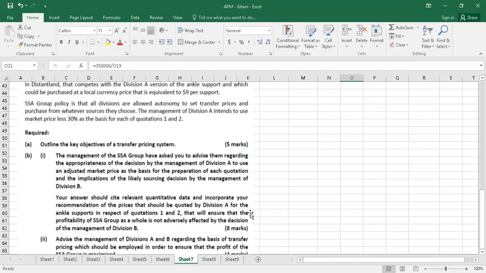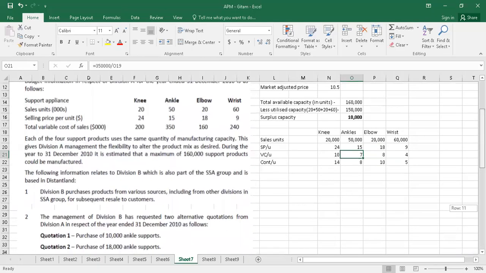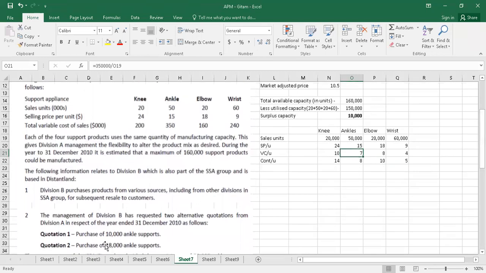Now, the first quotation is fine. But for the second quotation, they do not have the capacity to manufacture 18,000 ankle supports. When they do not have the capacity, there is a production constraint. How should it be looked at?